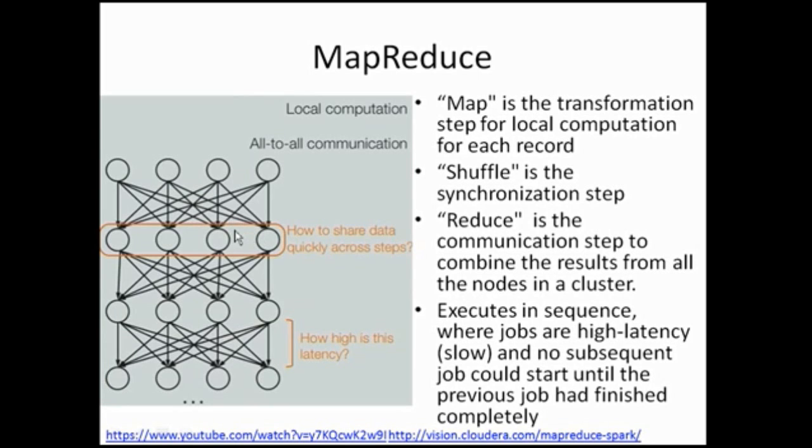And the downfall of MapReduce is that the synchronization shuffle step has to wait until each node is finished for the next step to begin. So that produces higher latency if one node is slower than another, and because it has to finish completely before the next 4 nodes start computing in this example.